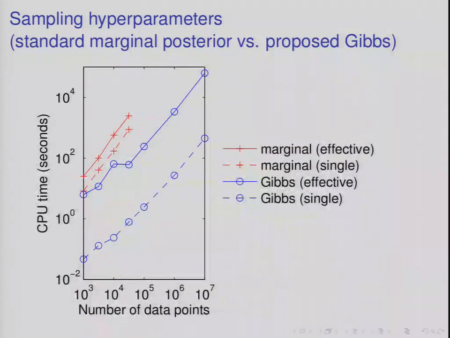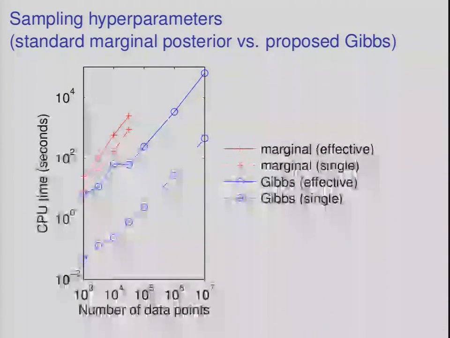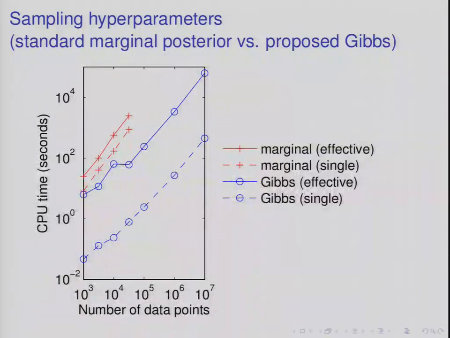Because there's a high autocorrelation between the samples, especially in the Gibbs sampler case, we compute the effective number of samples and we show the CPU time for one effectively independent sample. On the x-axis is the number of data points, and the y-axis is how much time it required.